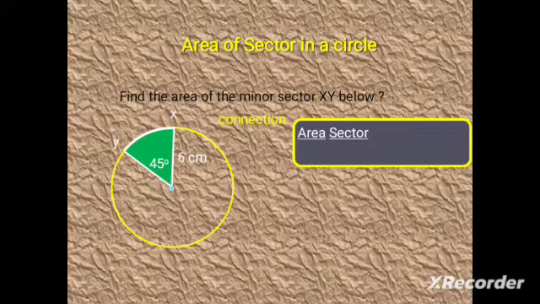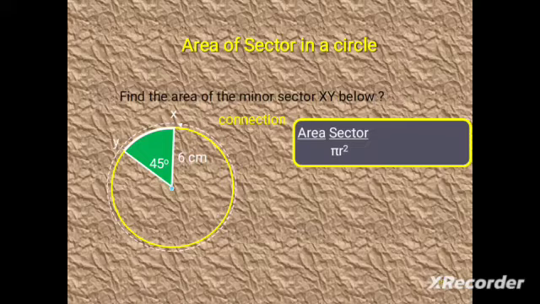The area of a sector. Remember, a sector is just a portion of a circle, so we need to find the fraction, that is the area of the sector over the whole area of the circle.